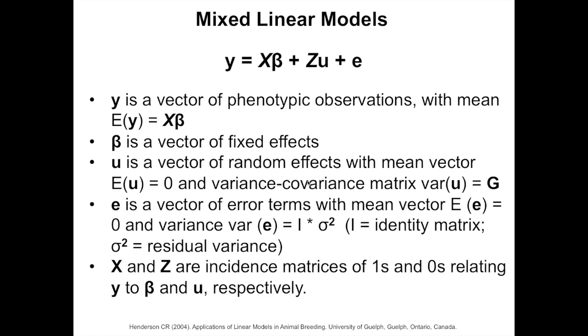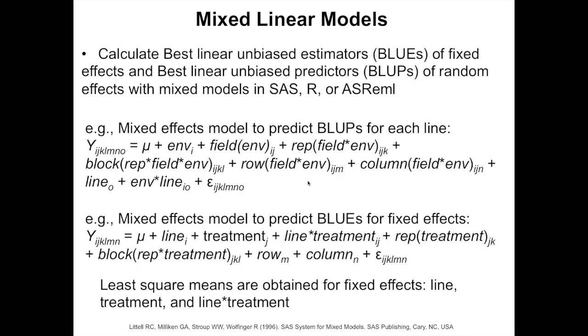And then your X and Z are incidence matrices of ones and zeros, and you're relating your Y to your various vectors of fixed and random effects. So that's just a very brief general overview of the structure of a mixed linear model, which most of you have probably already come in contact with in your classes.